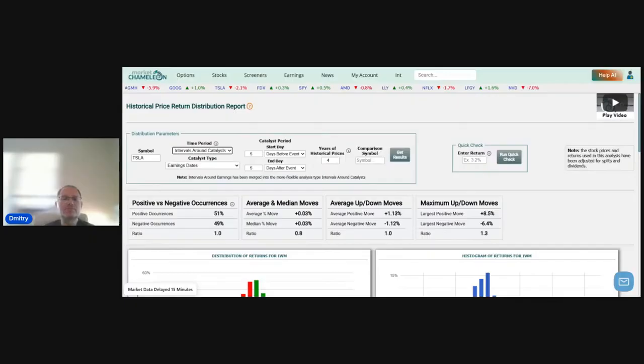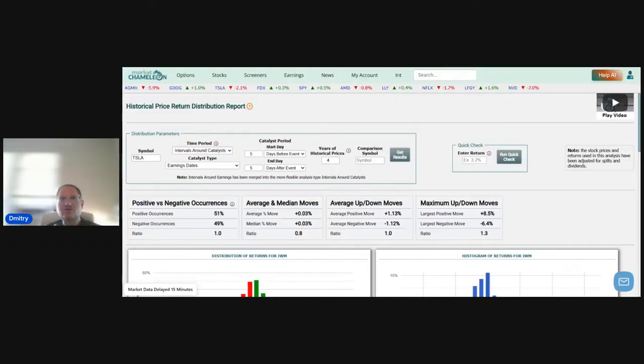When you click that, it allows us to select the catalyst with this drop down, but we're going to stay on the earnings dates. Now that we set this up, the next parameter it asks us to fill out is what date range around this catalyst we are looking to perform an analysis.